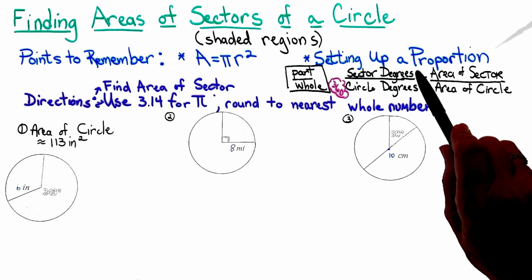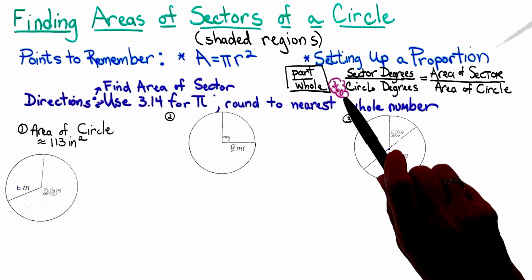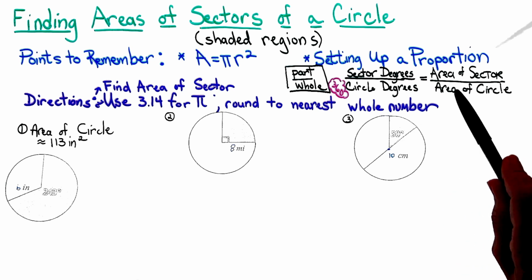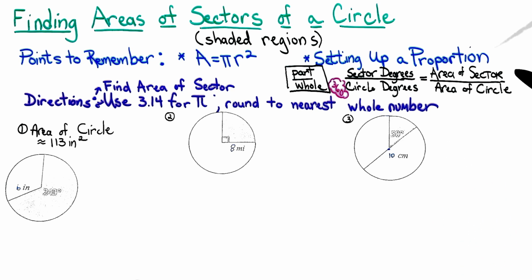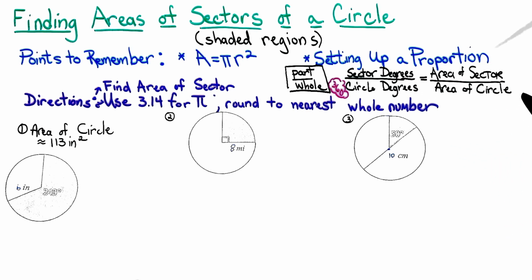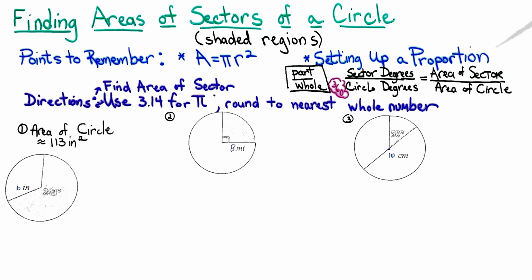We have the sector, which is part of the circle, over the whole circle degrees, and we must always remember that 360 degrees is equal to the area of the sector over the area of the whole circle. So the sector degrees, the area of the sector, and the area of the circle will always change. But we must remember there are 360 degrees in a circle.